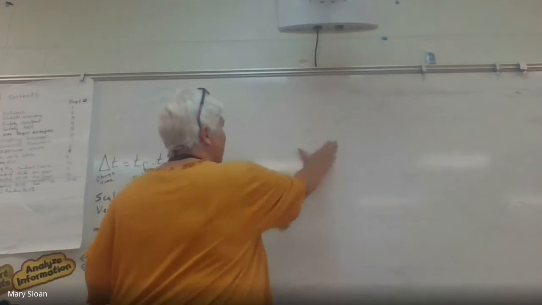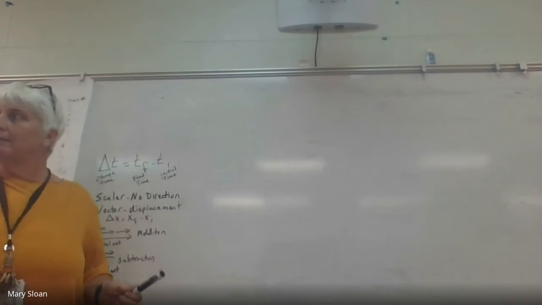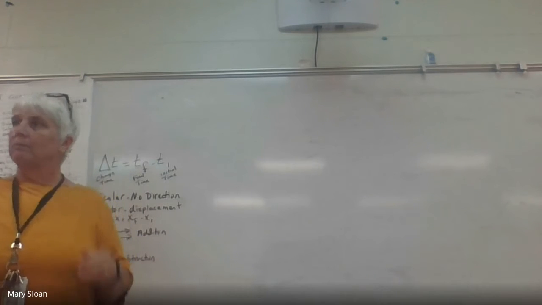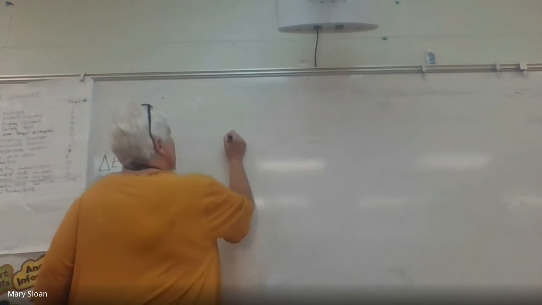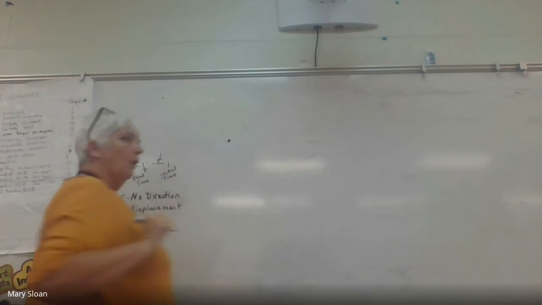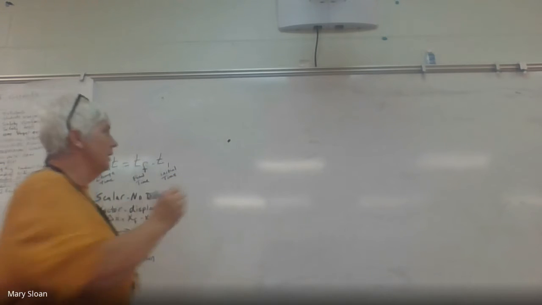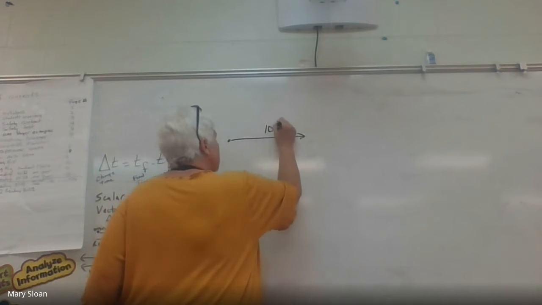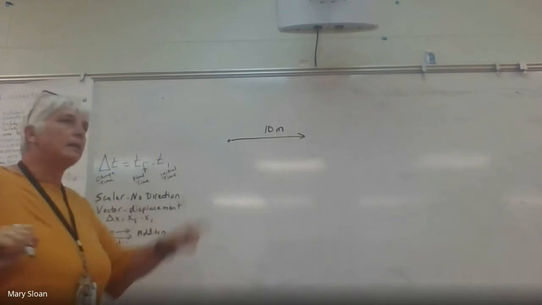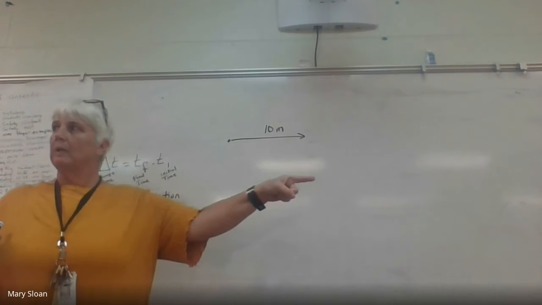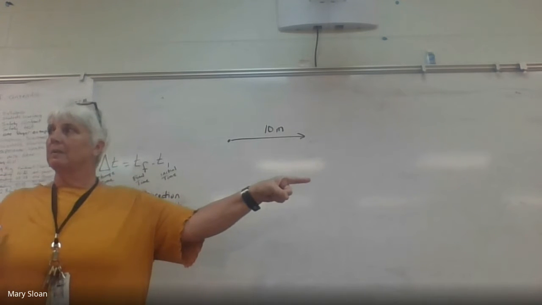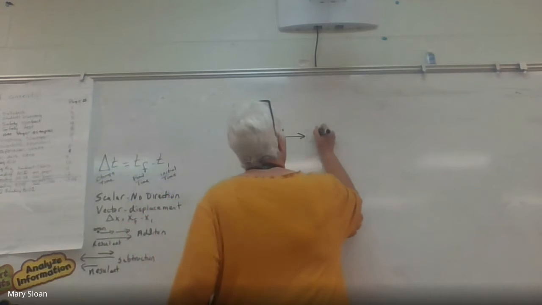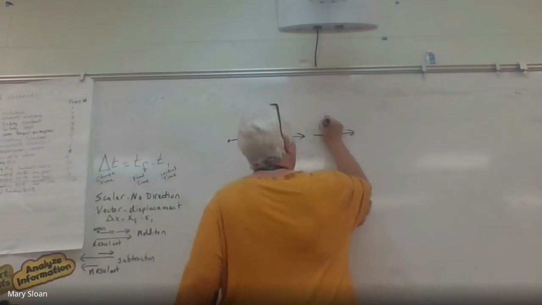Remember yesterday where I had to start, and I put start? In this textbook, it says origin. So if I had somebody with an origin that started right here, they walked 10 meters in that direction and stopped. Then they walked another 5 meters.